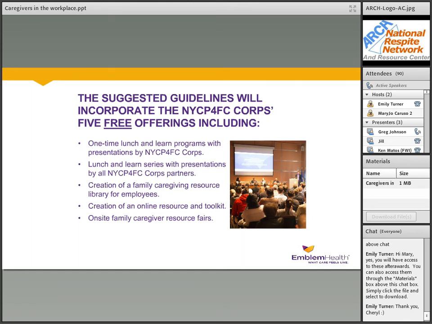And we felt that we needed to create guidelines, suggested guidelines, very general, and that's what we have begun, because our ultimate goal is to have guidelines along with the 5 free offerings. Think the 10 Commandments. I know you're laughing at me, but I picture that in my mind. We've got the 5 free things. If we can have 5 to 7, I want those tablets for us in family caregiving.